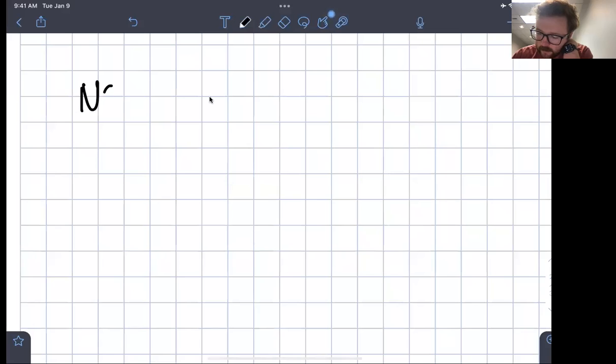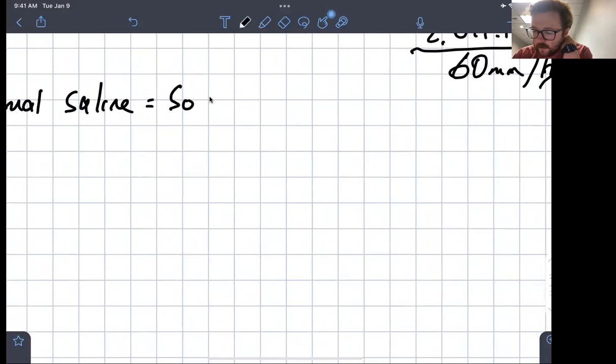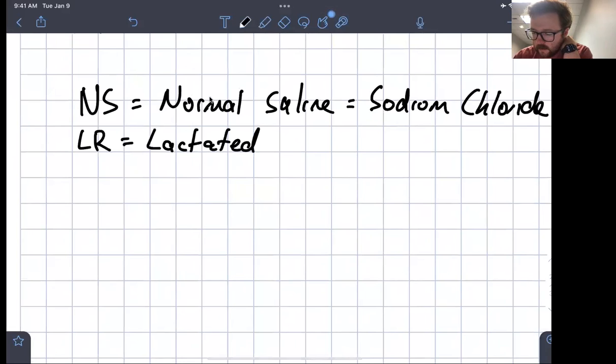Remind yourself what NS means. NS is normal saline, and that is sodium chloride 0.9%. If I say LR, that's lactated Ringer's.